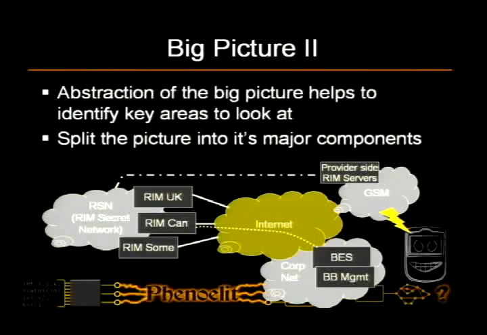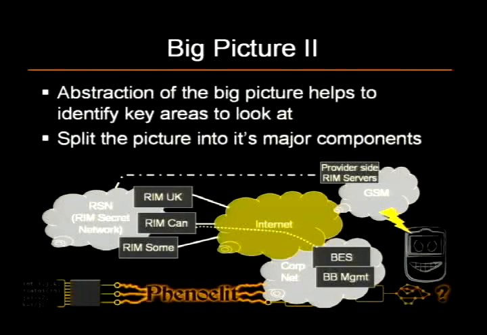Then you've seen those arrows on a slide before, so you have provider-side servers, at least for the end-user accounts, because if you buy a BlackBerry from T-Mobile and use it privately, it's going to come with a pre-configured account. But that has to run on some servers. So in a GSM network, on the provider side, you have RIM servers. Then you have somehow a connection to the RIM secret network. You have those RIM hubs that people connect to.